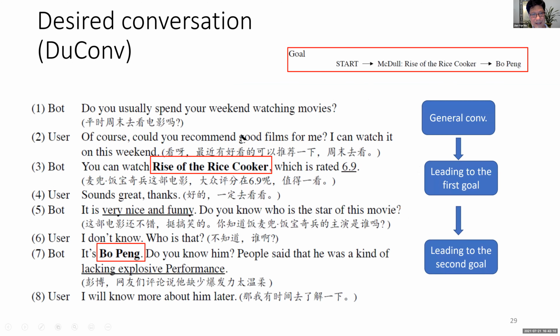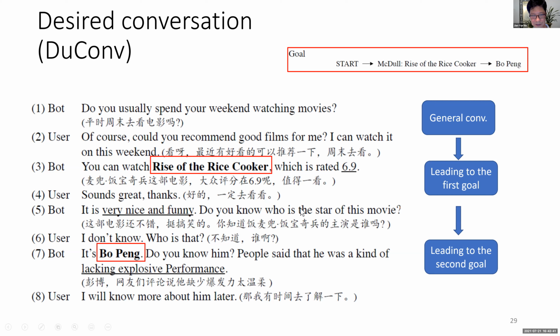Here I show you some segment where the bot tries to generate responses to cover the goal. So we have two entities in the goal. So we may start with some general conversation, and then the bot will lead to this first goal by mentioning the first entity in that response.